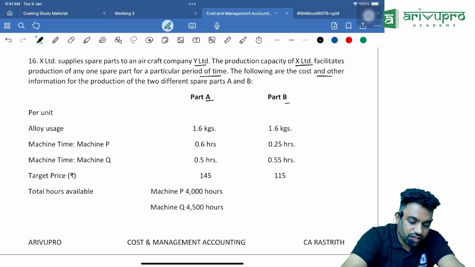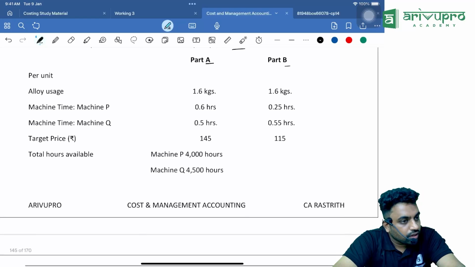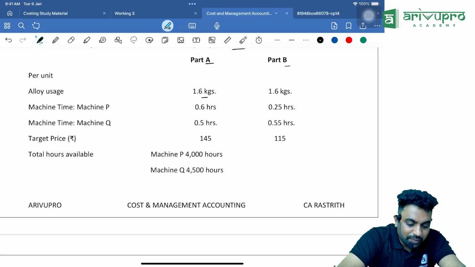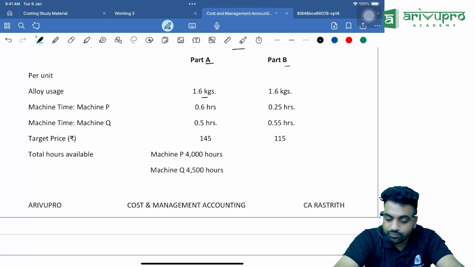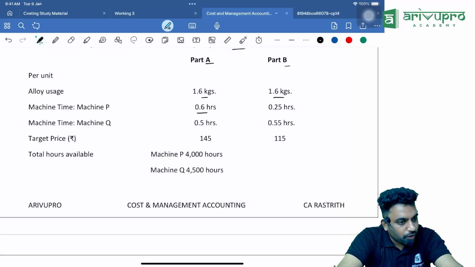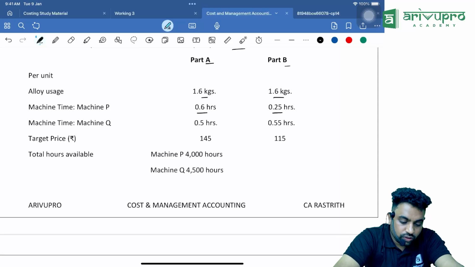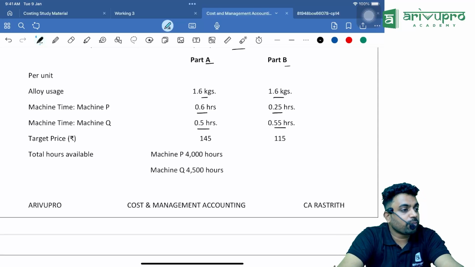The following are the cost and other information for the two spare parts. Per unit, alloy 1.6 kg is required for A, 1.6 kg is required for B. So alloy-wise it is not a differentiating factor at all. Machine time P: 0.6 hours for A, 0.25 hours for B. Machine time Q: 0.5 hours, 0.55 hours.